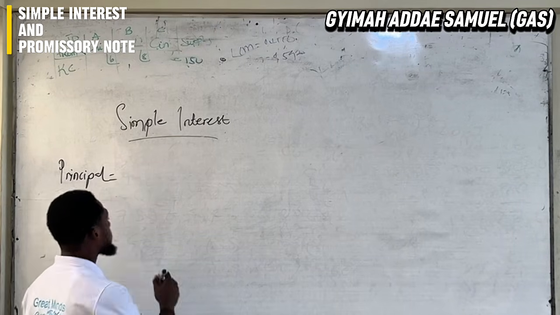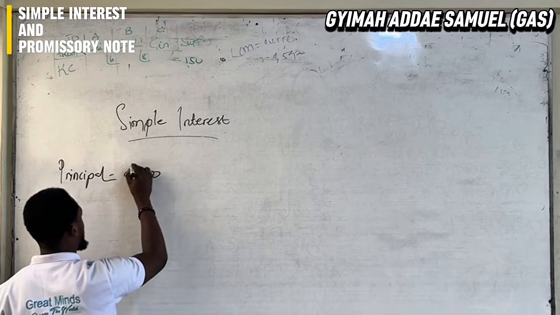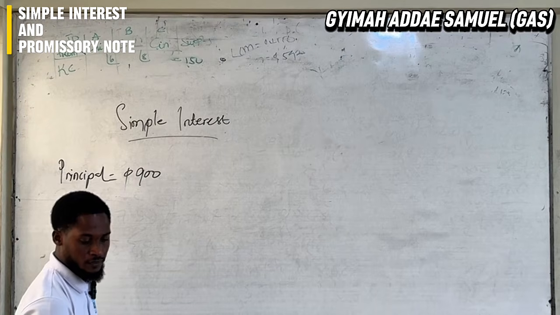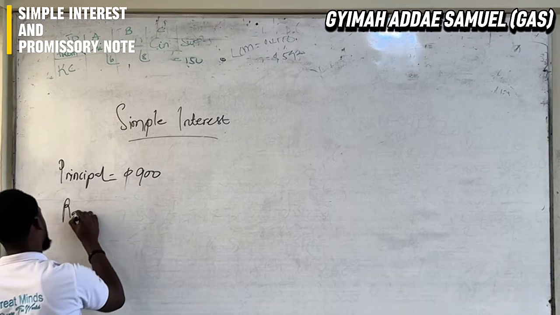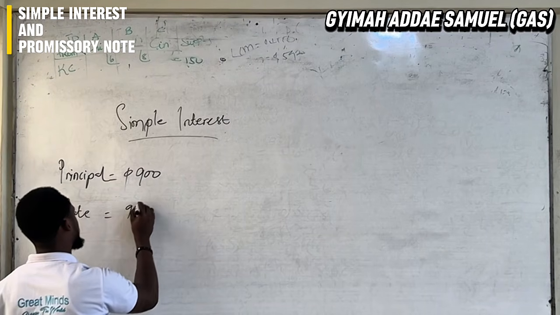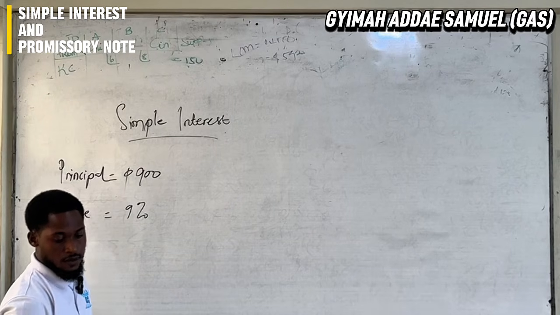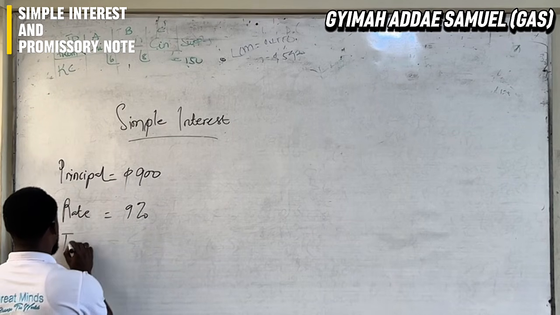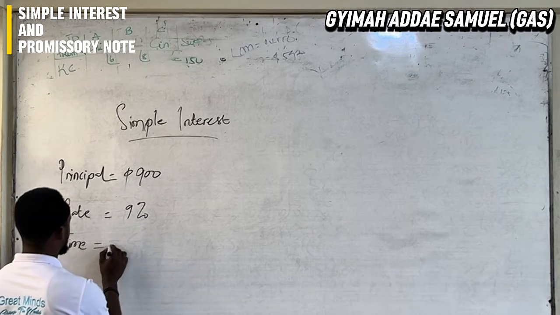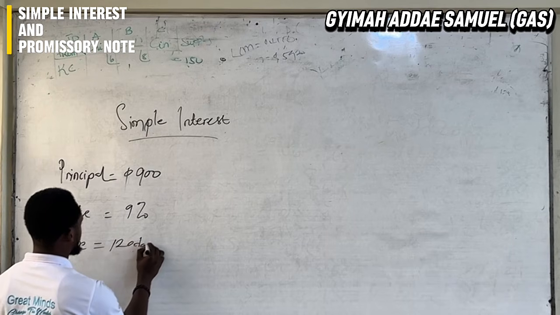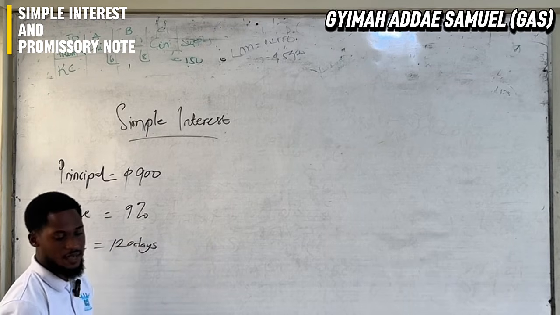The principal here is 900 cedis. The rate is 9%. And the time here is 120 days.